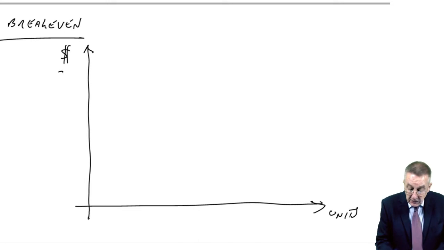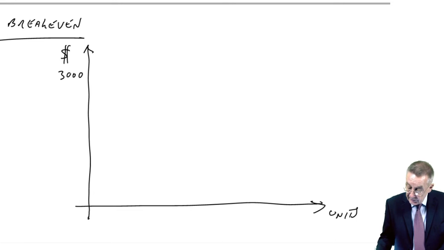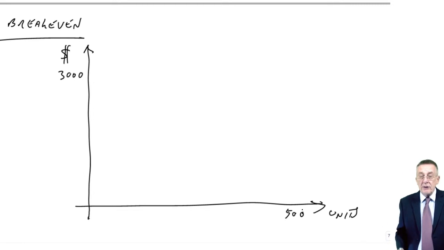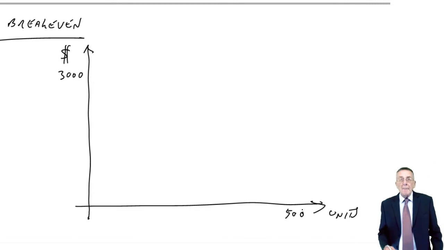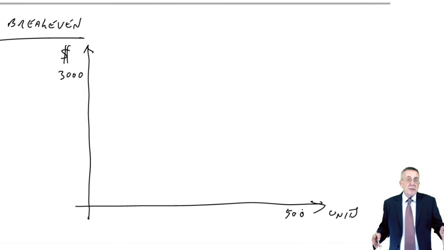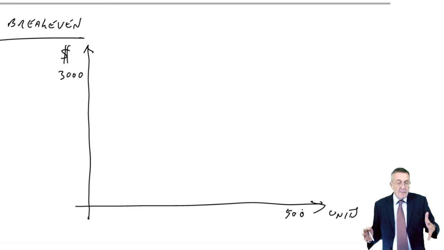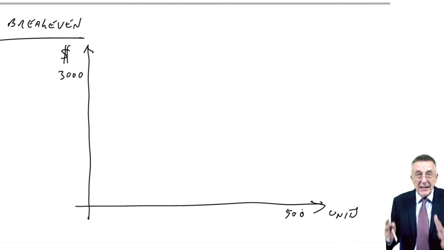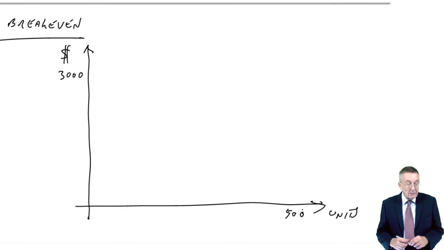And I'll do my scale. I'll go up to 3,000 there, and I'll go up to 500 here, and I'll try and be reasonably accurate. But even in the exam, even if you were asked to draw one in the paper-based exam, you don't get given graph paper, usually. So it's a question of being neat. It doesn't have to be precise.